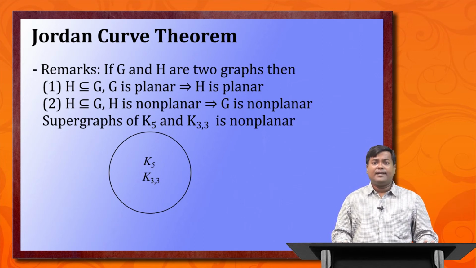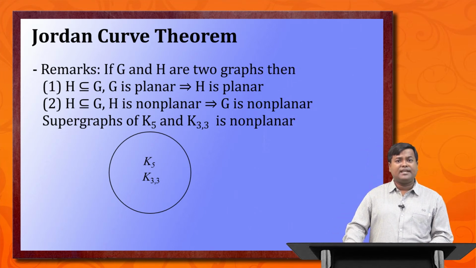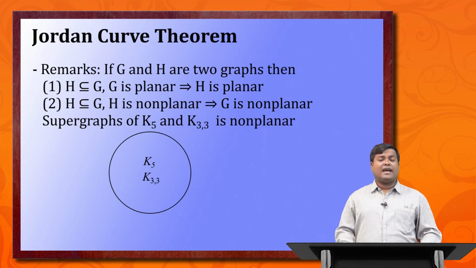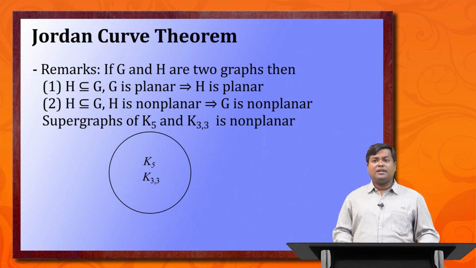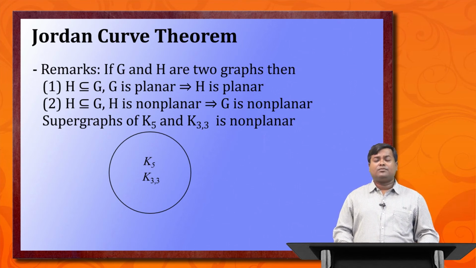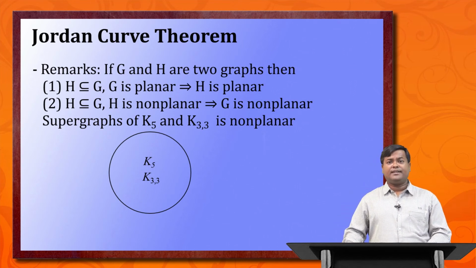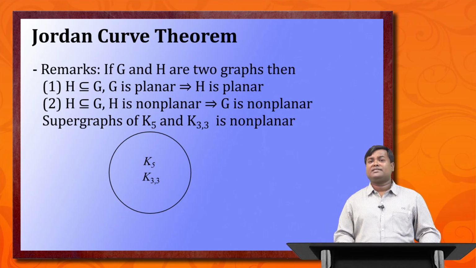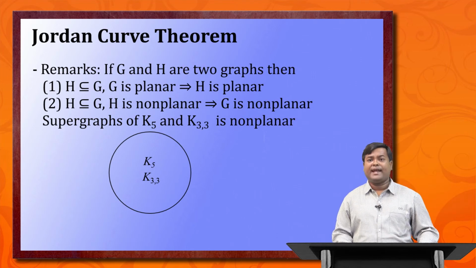So we already have some edge crossing in H that is still there in G. Therefore, as G is a supergraph, G is also non-planar. So these 2 things are hereditary properties. If the subgraph is non-planar, then the corresponding supergraph is also non-planar, and if the supergraph is planar, then the corresponding subgraph is also planar.